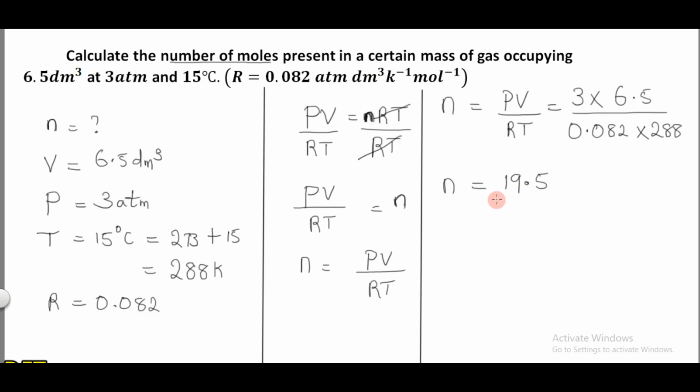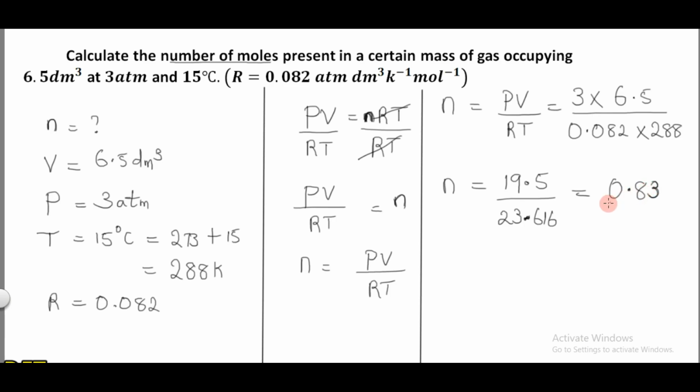So my n will be equal to 3 times 6.5 will give me 19.5 over 0.082 times 288 will give me 23.616. So you can punch that in your calculator. So 19.5 divided by 23.616 will give me 0.83.